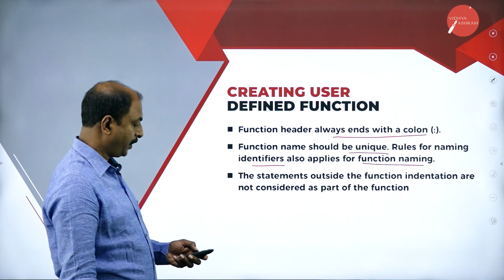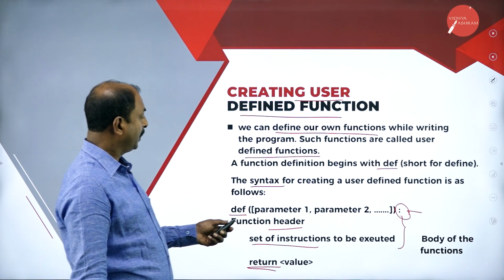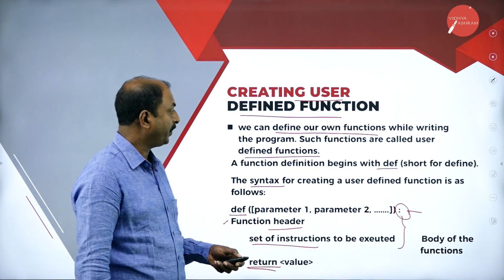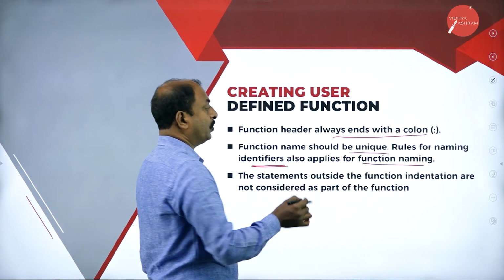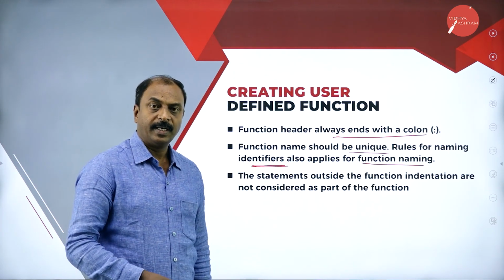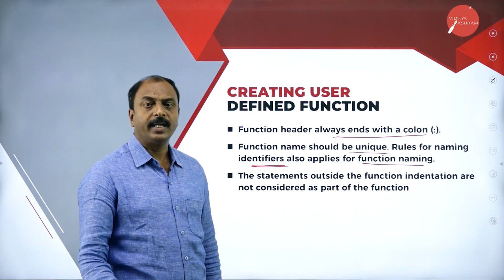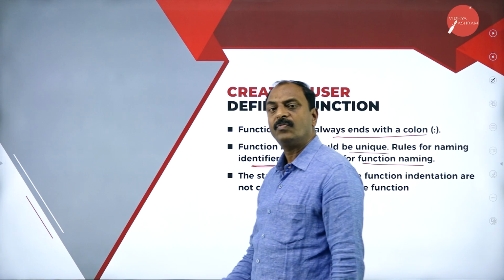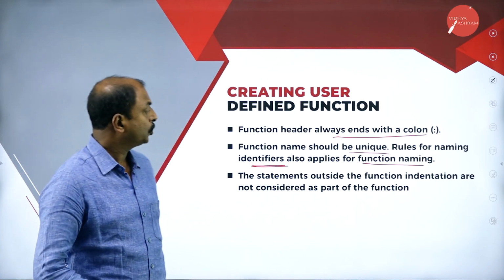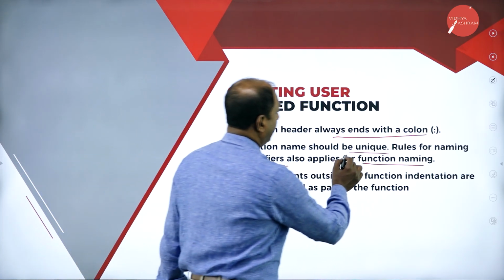Here we have to give the name of the function. The function name is nothing but an identifier, so we have to follow the rules of identifiers: no spaces and no special characters, always start with a letter, and you can have alphanumeric characters. These are the rules to be followed while naming a function.